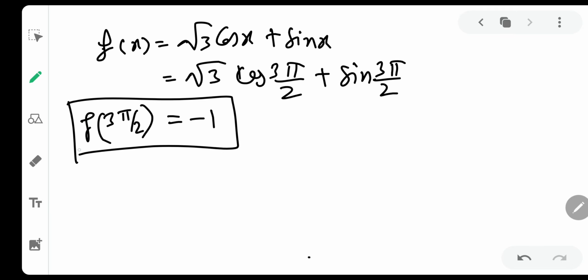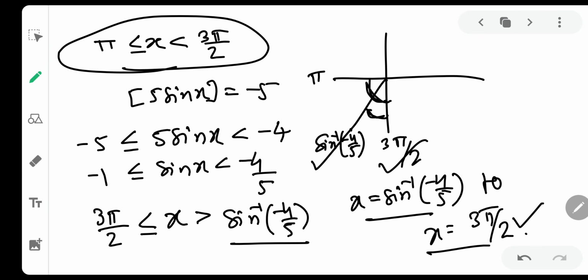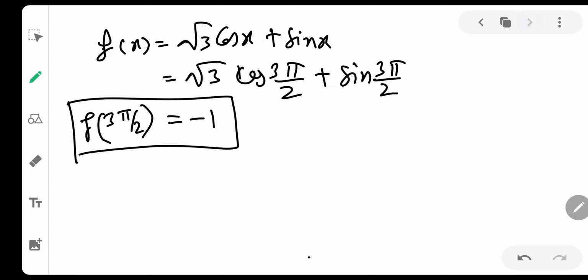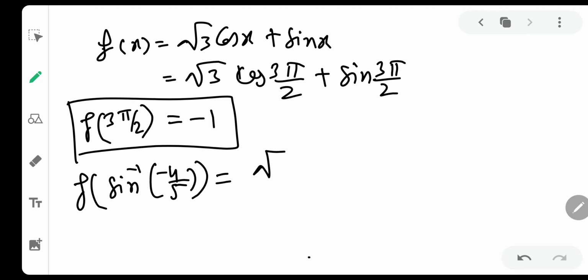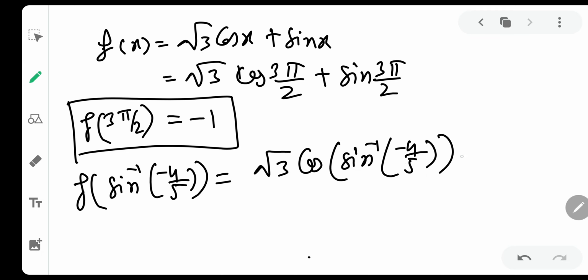Okay, that was the easier part. Now we need to put x as sine inverse of minus 4 by 5. So this will be f of sine inverse of minus 4 by 5, which is equal to root 3 cos of sine inverse of minus 4 by 5 plus sine of sine inverse of minus 4 by 5.